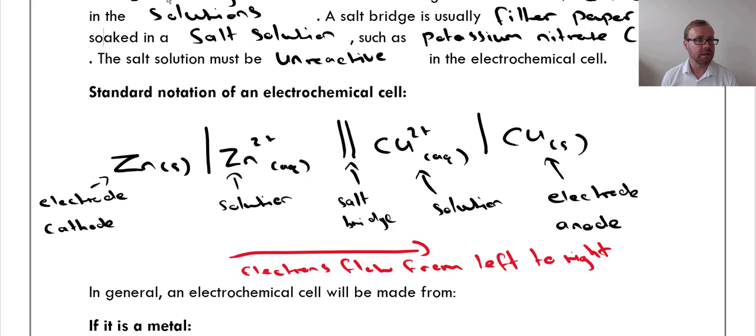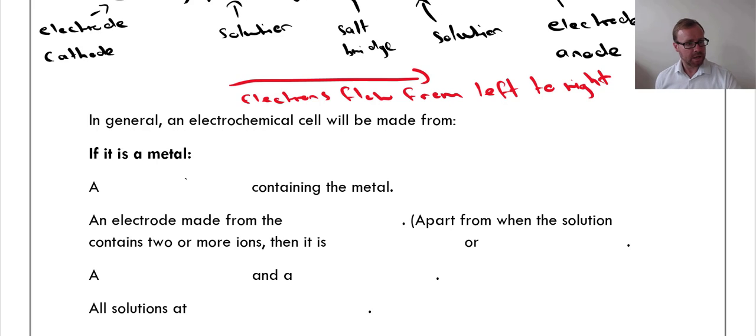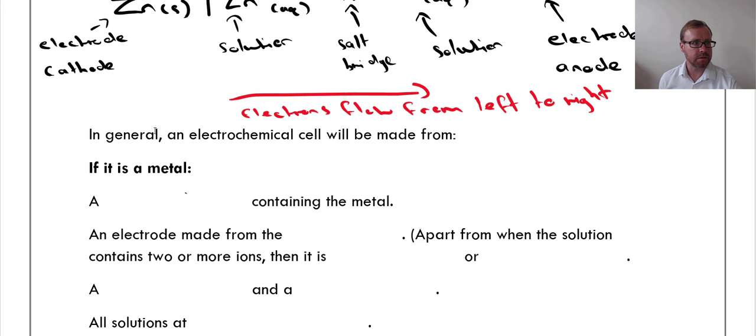Right, so next bit. In general, an electrochemical cell will be made from, if it is a metal, a solution containing the metal and an electrode made from the metal.